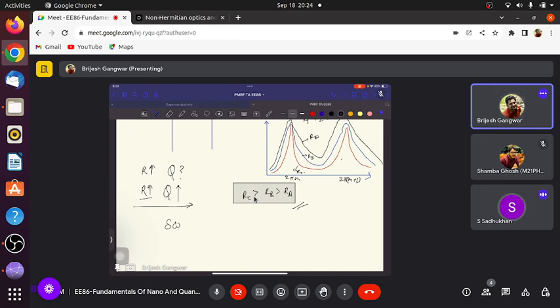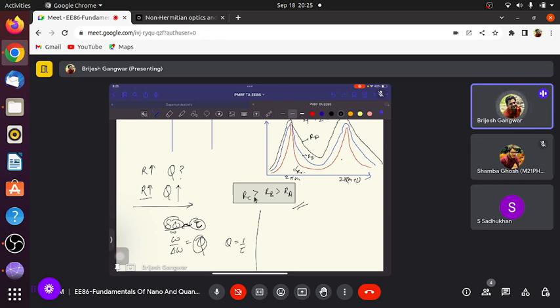No, delta omega is just related to tau only, because omega upon delta omega is equal to Q, and Q is proportional to tau. The higher the delta omega, the lower the tau and the lesser the Q factor.